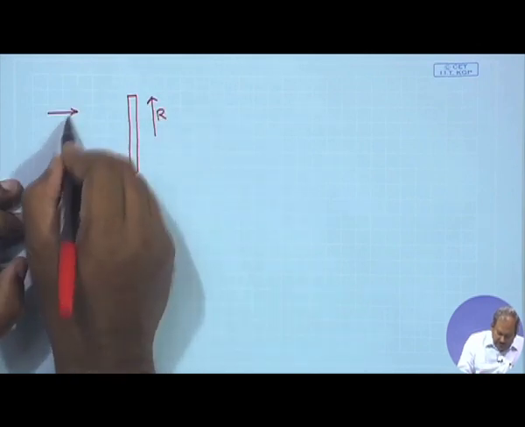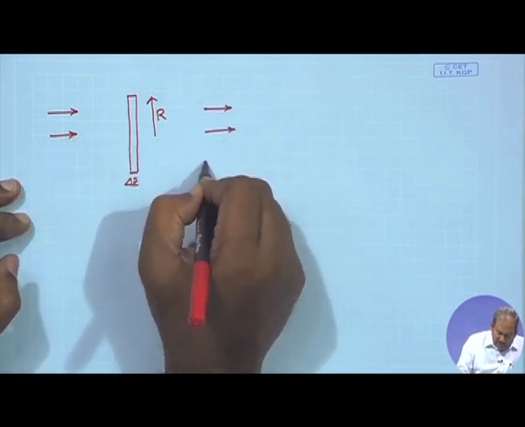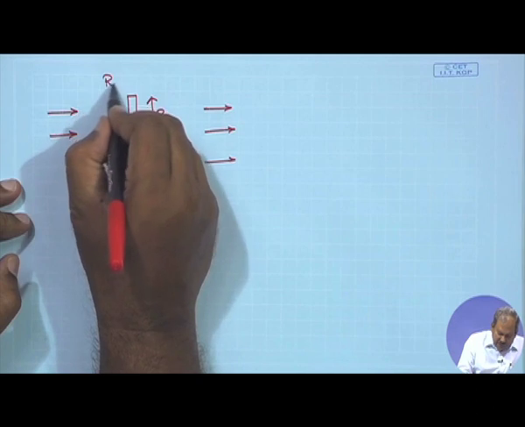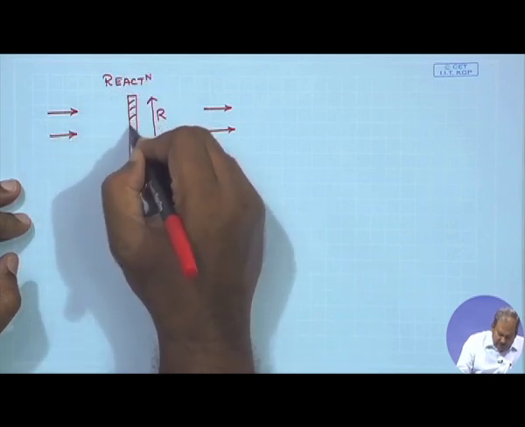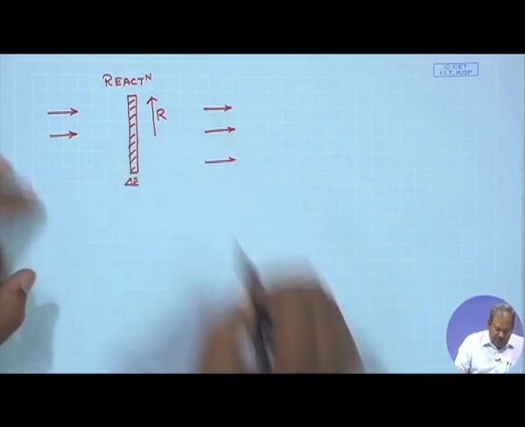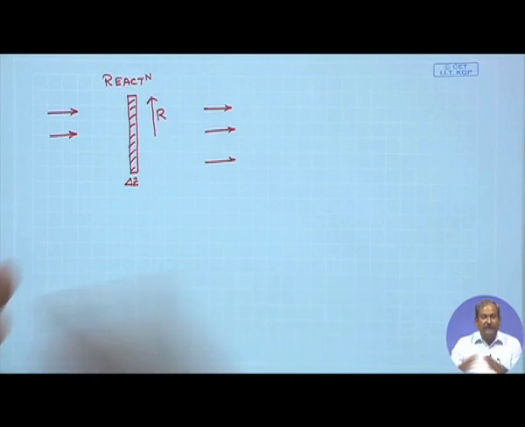You have flow of reactants and the products will go out, and a reaction is taking place inside this shell. So, if you consider this, then we have to first identify what are the mechanisms by which the heat can enter or leave.